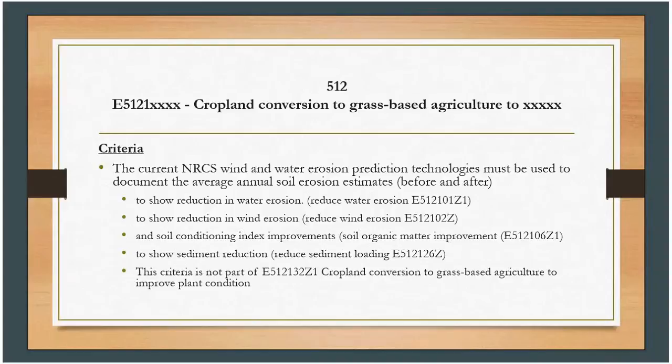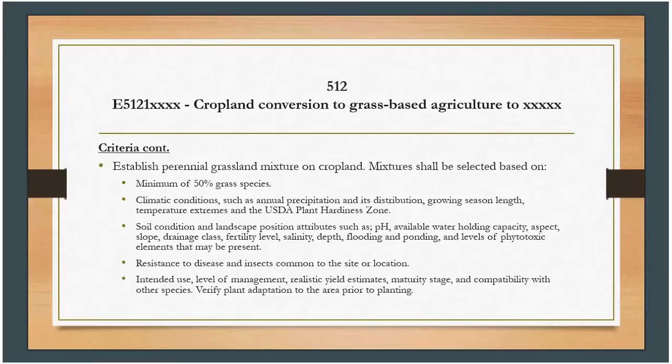The criteria: you have to be able to show with the NRCS wind and water erosion prediction technologies that there's going to be a soil erosion estimate that's before and after, in wind erosion, water erosion, the soil conditioning index, or a sediment reduction. And those are for those 4 applicable enhancements.